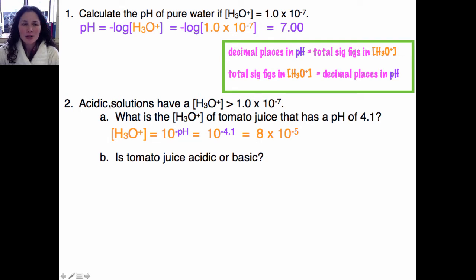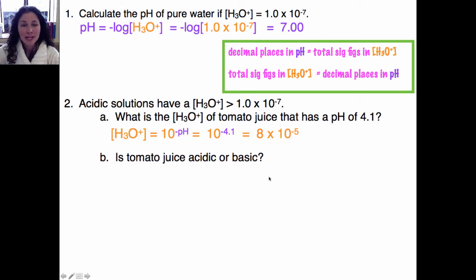Now this problem tells you that acidic solutions have hydronium ion concentrations greater than 1.0 times 10 to the negative 7th. If you look at the pH scale that I showed you on the first page of the activity, notice that it ranges from 0 to 14. You may know from experience that pH 7 is neutral. This is the same as saying a hydronium ion concentration of 10 to the negative 7th is neutral.